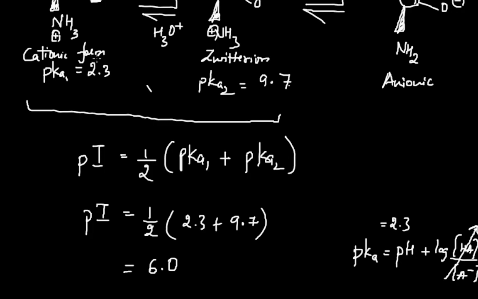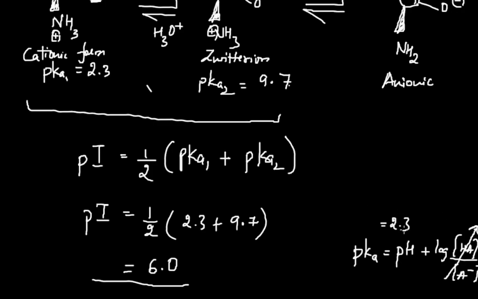Now when more base is added, alanine reaches its isoelectric point of 6.0, the pH at which all of the carboxylic acid protons have been removed, but not its aminium proton. So the molecules are electrically neutral in their dipolar ion or zwitterionic form, because the carboxylate group carries -1 and the aminium group carries +1.